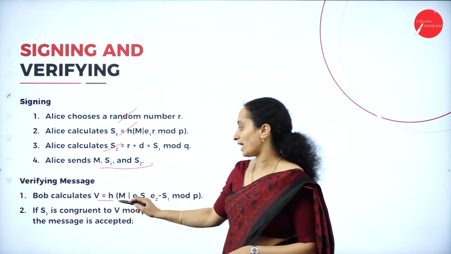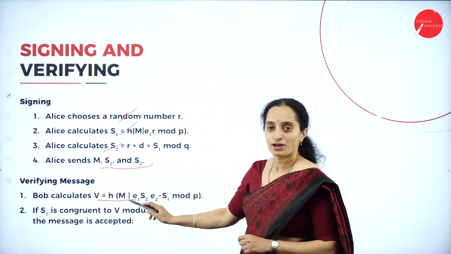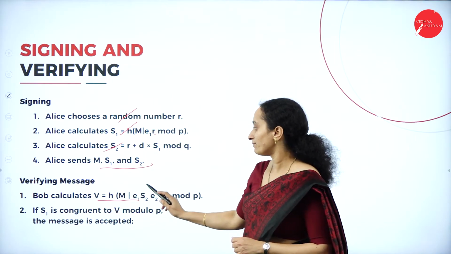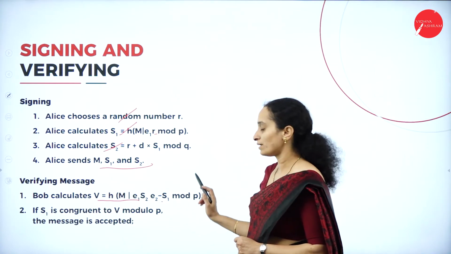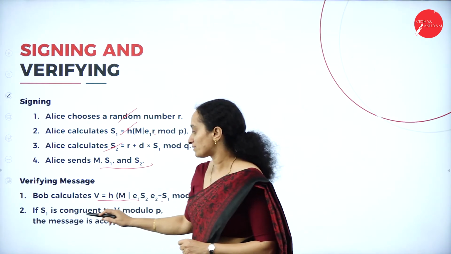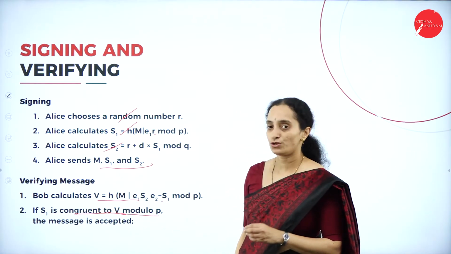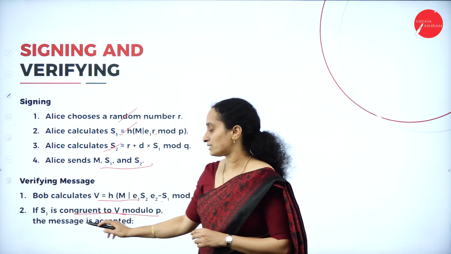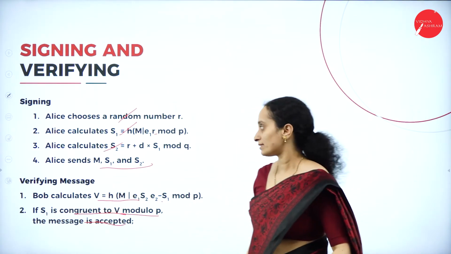Now the receiver calculates the verification expression V equals the hash function of M concatenated with E1 to the power of S2, E2 to the power of minus S1, mod P. If S1 is congruent to V modulo P, the message is accepted, else the message is rejected.